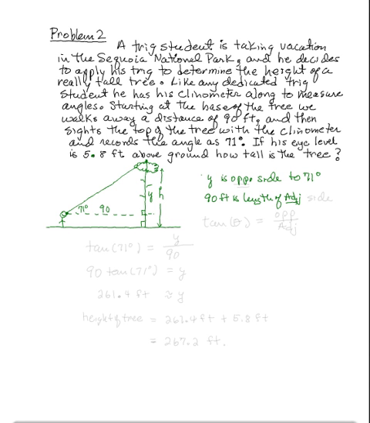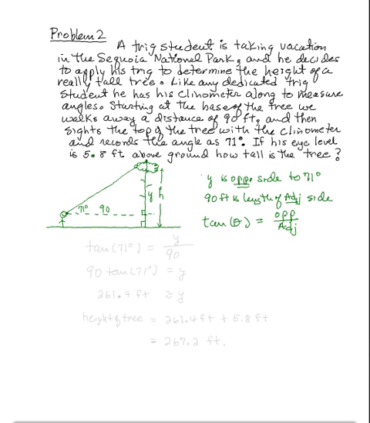So this time we need to relate adjacent and opposite. So, of course, the trig ratio that you need to remember there would be that the tangent of the angle is the opposite over the adjacent.